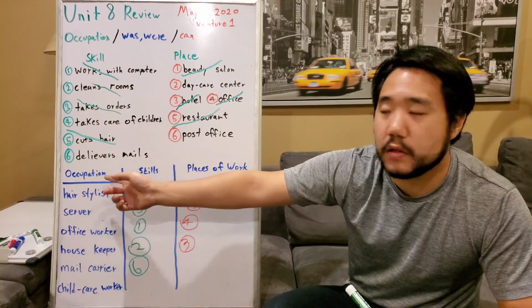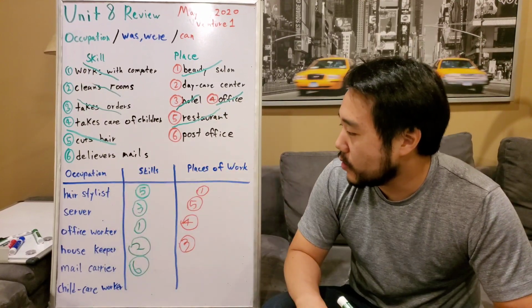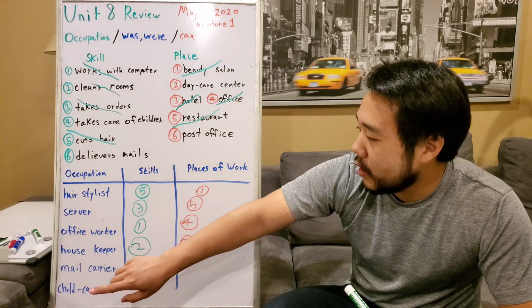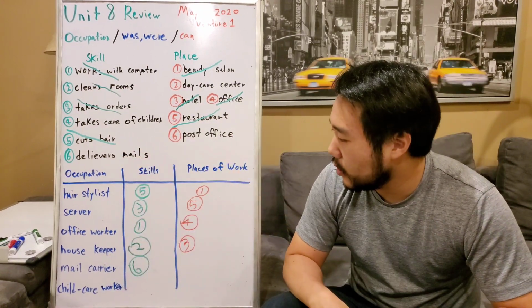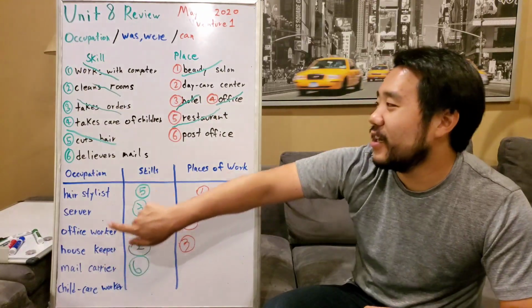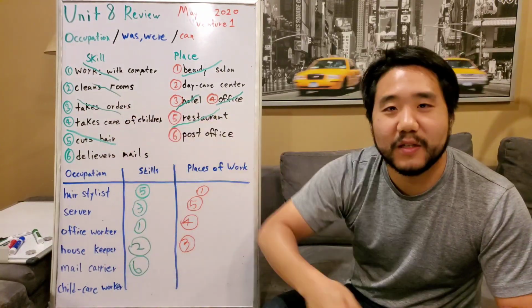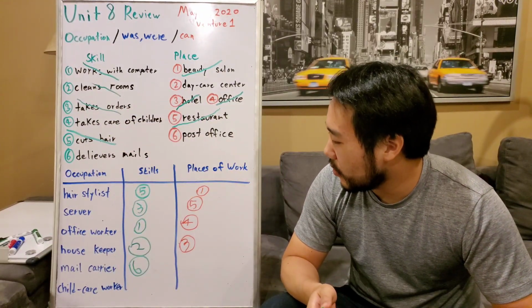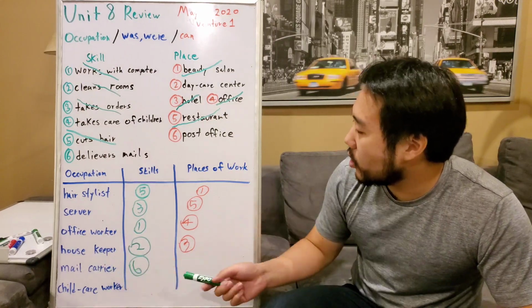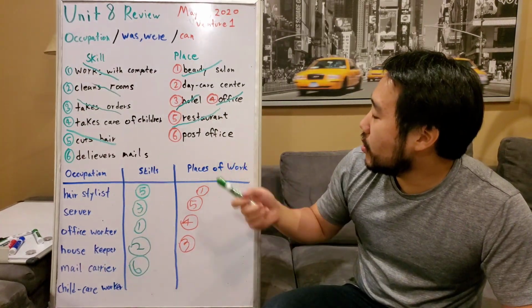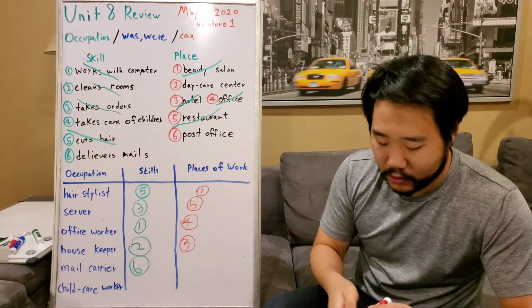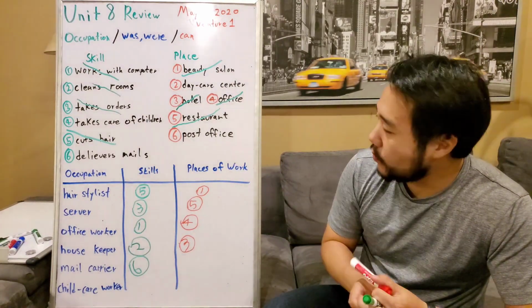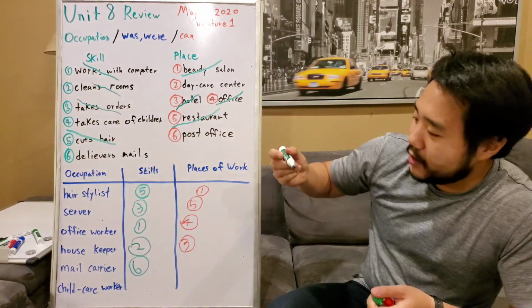She delivers mails. If I say a housekeeper delivers mails, right? Oh, so a housekeeper cleans rooms. That's what I meant. So 6 is for mail carrier, and then here you usually see a mail carrier working at a post office. So post office, 6.